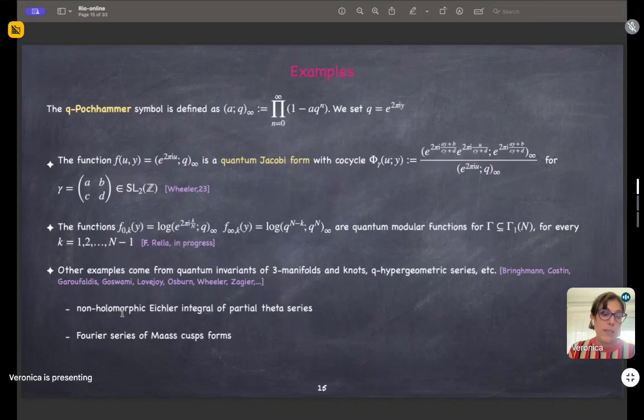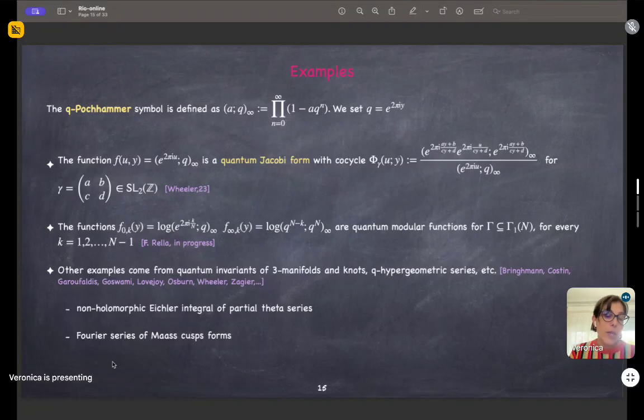For instance, if you consider non-holomorphic Eichler integrals of some partial theta series, and this typically happens if you look at some Kashaev invariants for torus knots, you find quantum modular forms. But what is interesting is that the cocycle is expressed as an integral transform involving the partial theta series, which instead are usual modular forms.